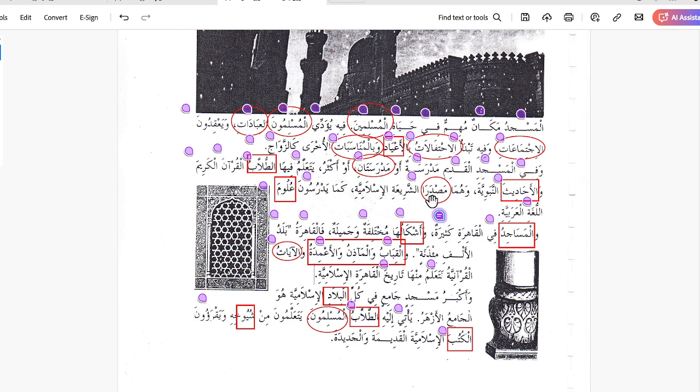Wa huma masdarani li-ash-shari'ati al-islamiyyah. The Quran and the ahadith are the two sources of the Islamic law, Islamic sharia. I am saying two sources: it is actually masdarani, but the noon is omitted because this is acting as a mudaf. Masdara ash-shari'ati, the two sources of the law.